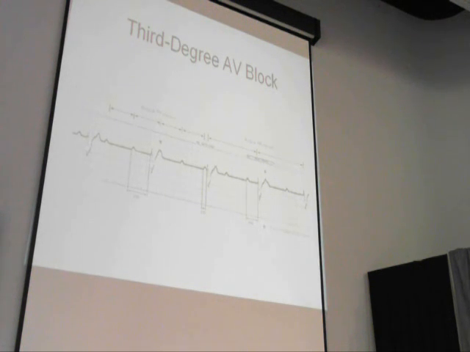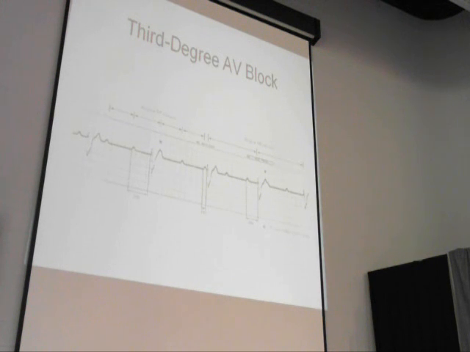A lot of times if it's from an MI, as the process starts to heal, we can't restore that dead cardiac tissue, but the surrounding tissue can heal and maybe we get back to it. So you can have an external pacer on for several weeks.